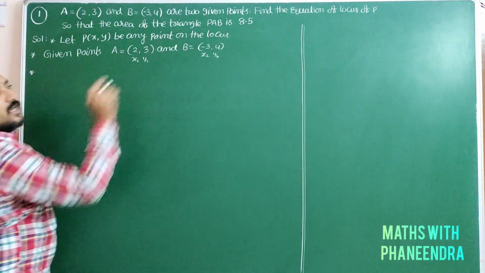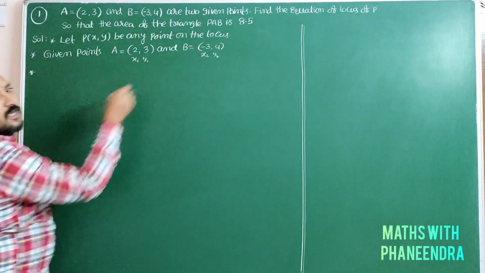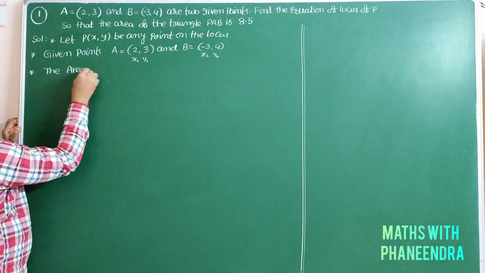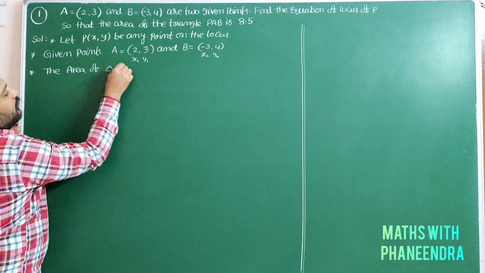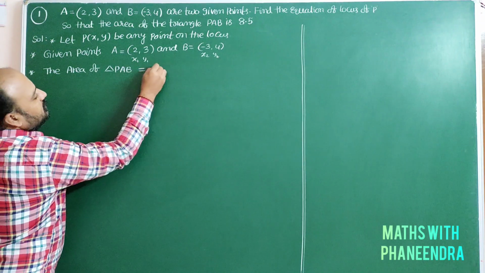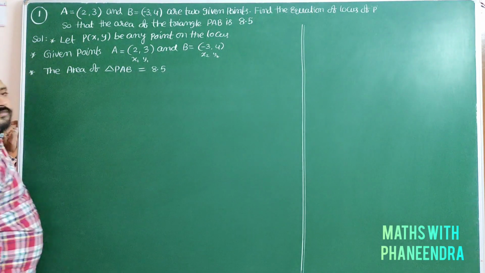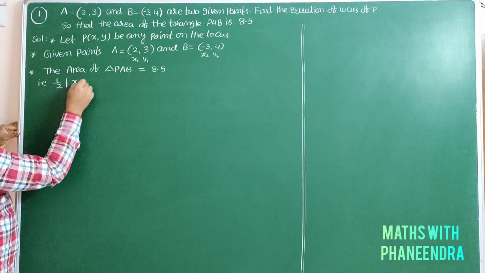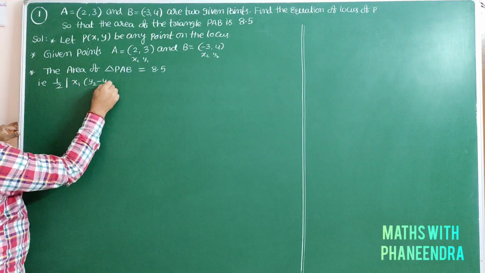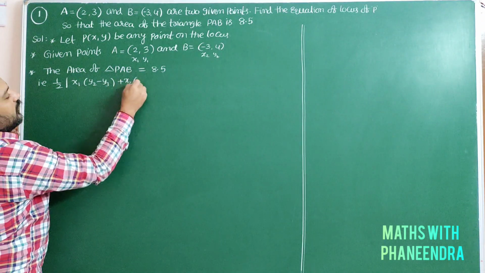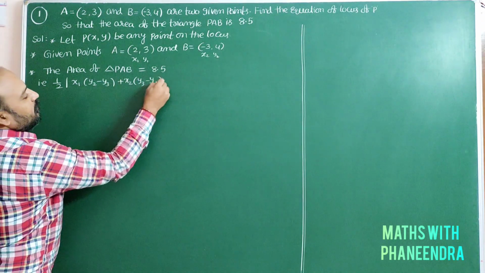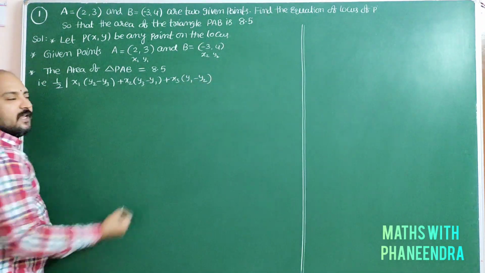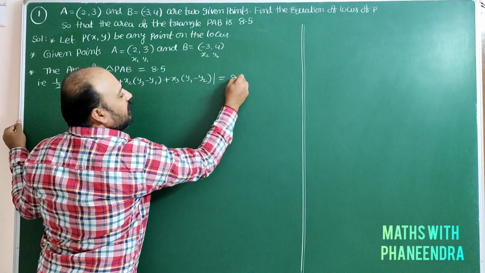Next, the geometrical condition. The area of triangle PAB is 8.5. That is, area of triangle is half into x1 into y2 minus y3 plus x2 into y3 minus y1 plus x3 into y1 minus y2, is equal to 8.5.